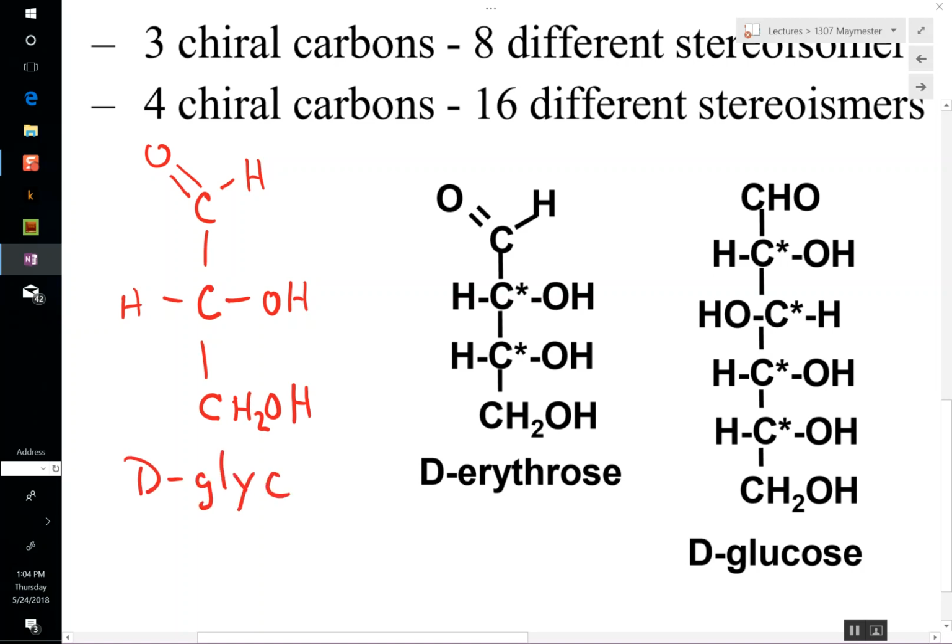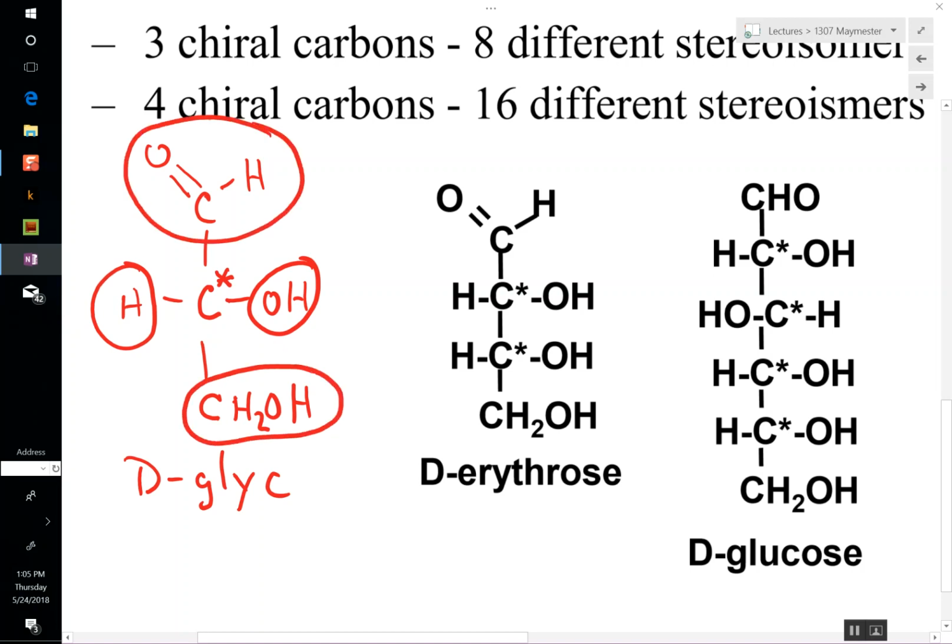And notice, this is your chiral carbon. Why is that? It has 1, 2, 3, 4 different things on it. This aldehyde group is not the same as that group right there. They're all 4 different. So that's a chiral carbon.